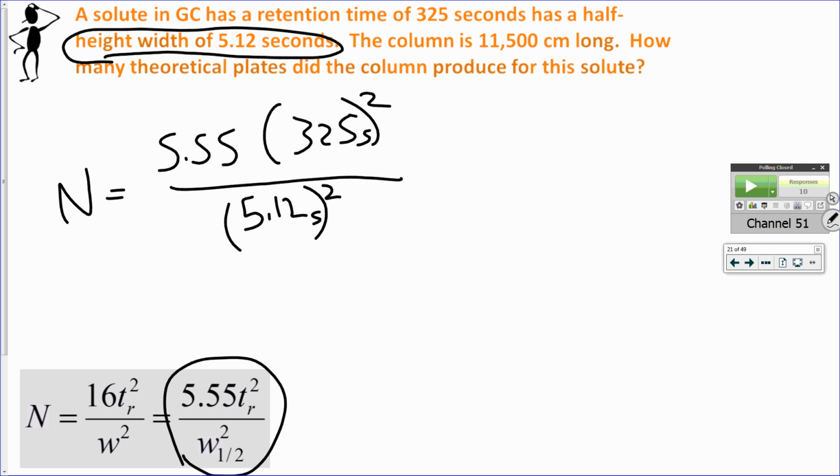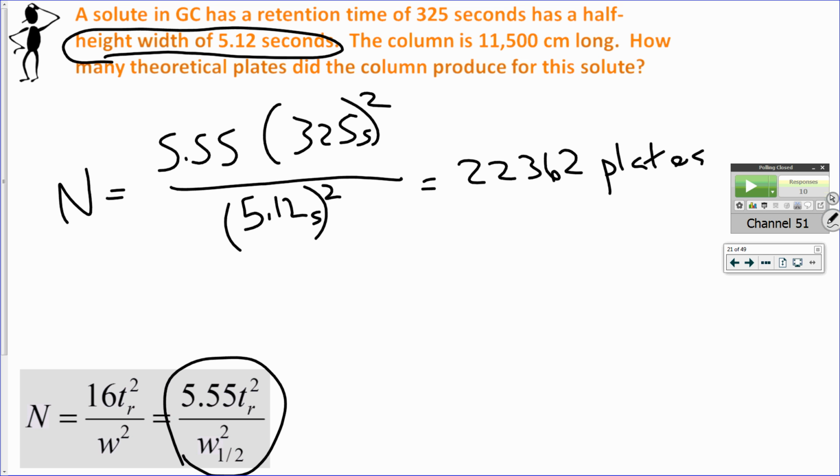So it's just popping the numbers in. I get, so this is the number of plates that the calculation spits out at me.